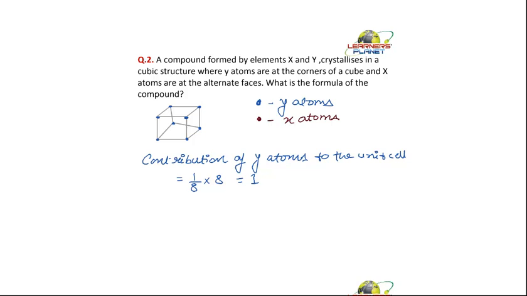So your X is over here in the front face. In the next face there is no X, and in the back face there is one X. This is the back one, okay? And in this face again there is no X. Now the top and the bottom there are no X atoms.